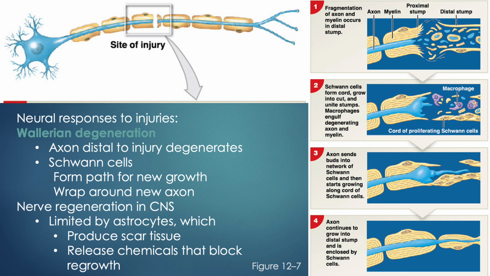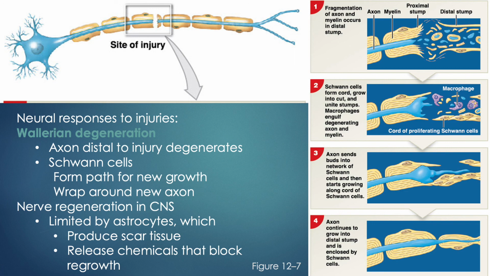So we want to be able to have that axon reconnect so that way we can retain normal function. And the way that that happens is we actually have the Schwann cells which will replicate and proliferate and grow together. So they kind of create the framework by which the axon then, once the Schwann cell is in place, grows through the center of that myelination so that way it can reconnect.